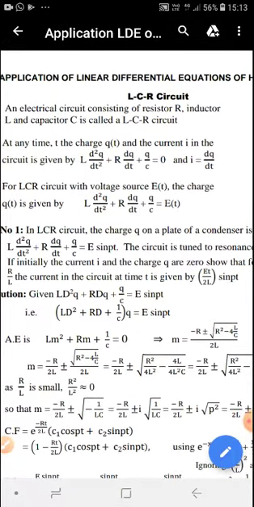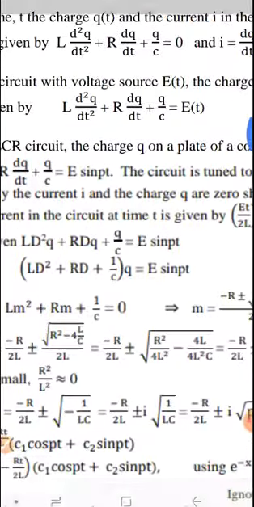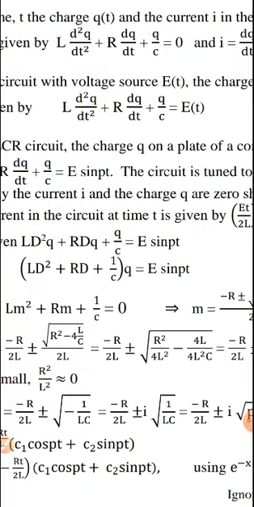So you need to start with that differential equation L into d square q by dt square plus R into dq by dt plus q by c equal to E into sin pt, where L, R, C, E are all constants.